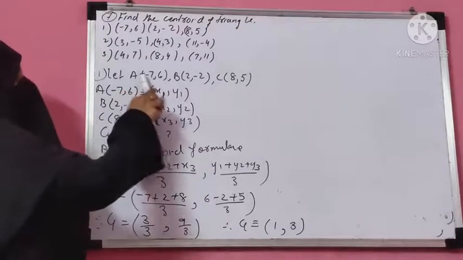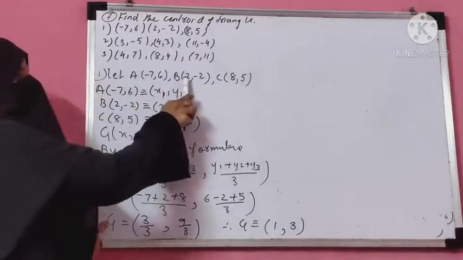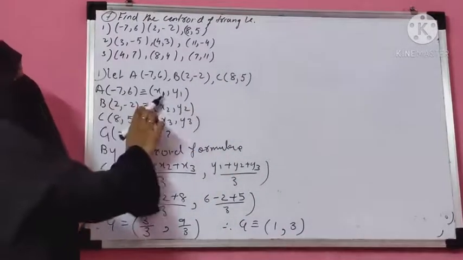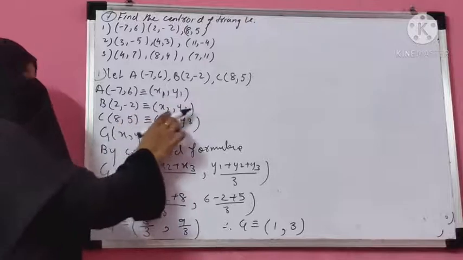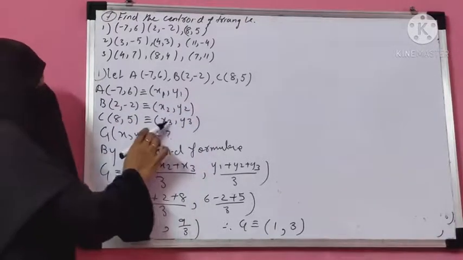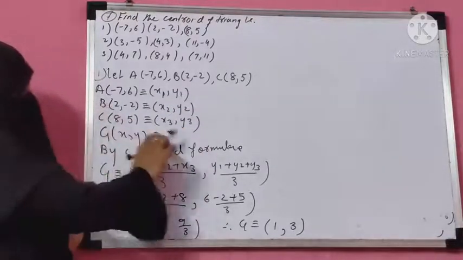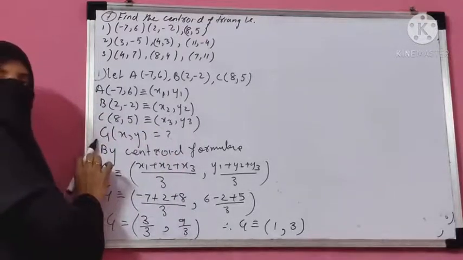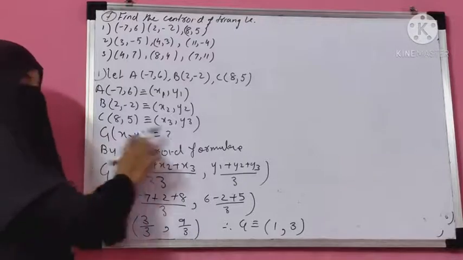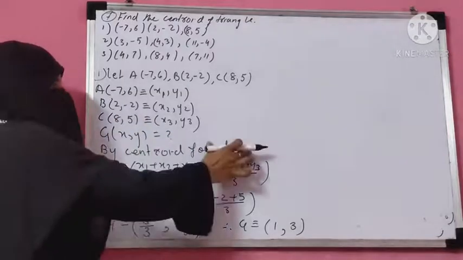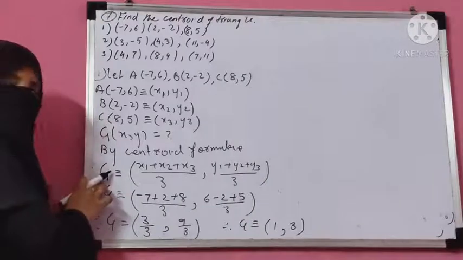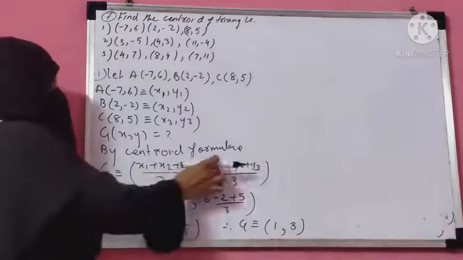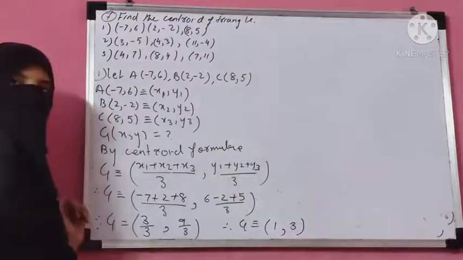So the first point I suppose as A, the second as B, and the third as C. The first point coordinate is x1, y1, the second is x2, y2 and the third is x3, y3. You have to find the coordinate of the centroid, represented by point G(x, y). By the centroid formula, the coordinate is x1 plus x2 plus x3 divided by 3, y1 plus y2 plus y3 divided by 3.